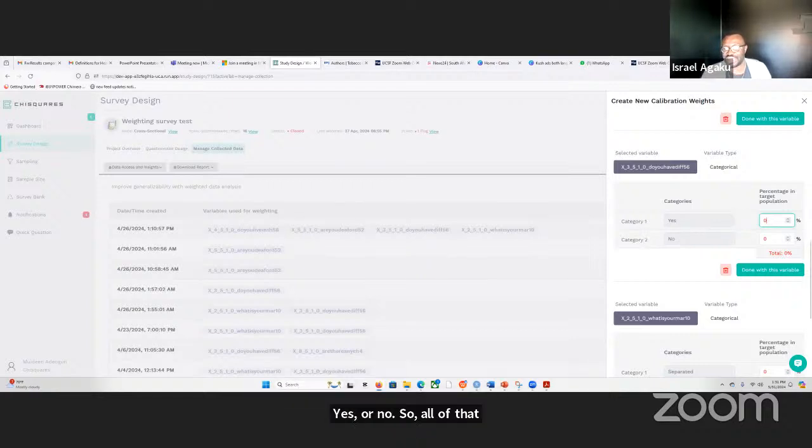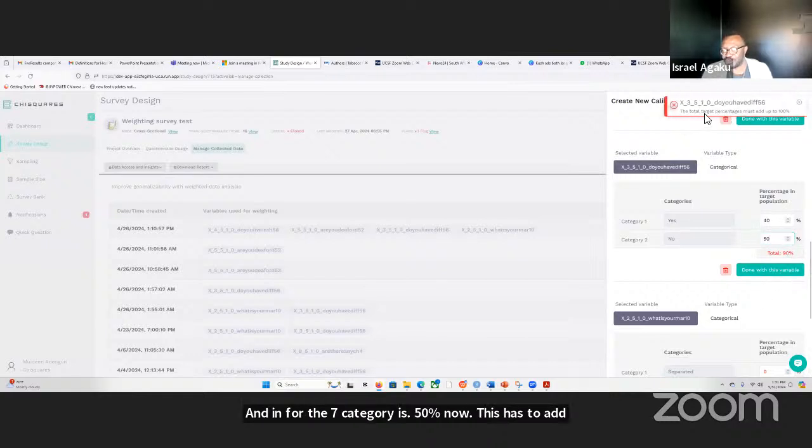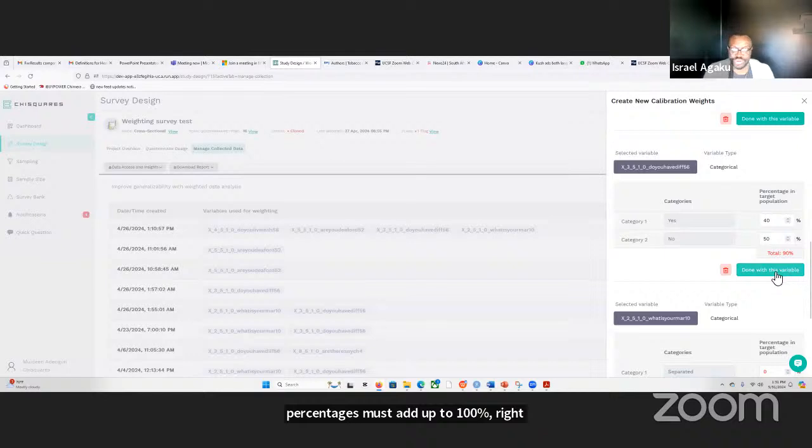You don't have to worry about that. You now have to put the percentages in the target population. Let's say in whatever variable this is, the population is 40%, and for the second category is 50%. Now, this has to add up to 100. Otherwise, you get an error. The total percentages must add up to 100%, right? So the system will not allow you to progress without that.